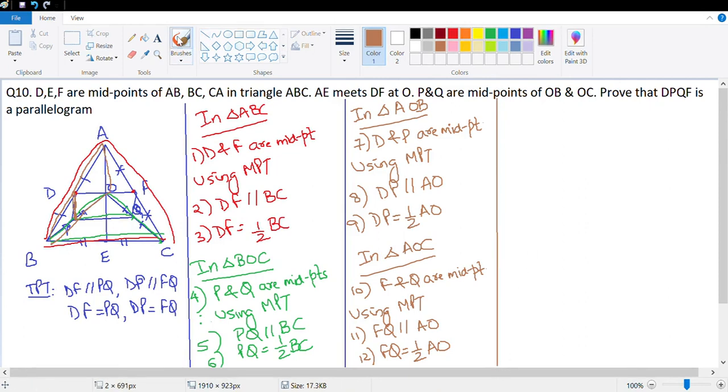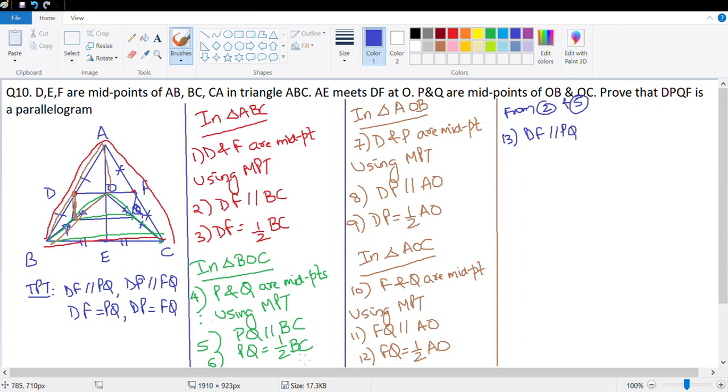So let's start writing this down. We've got our answer. From where did we get parallel? So from 2 and 5, what I get is number 13, which is DF parallel to PQ.